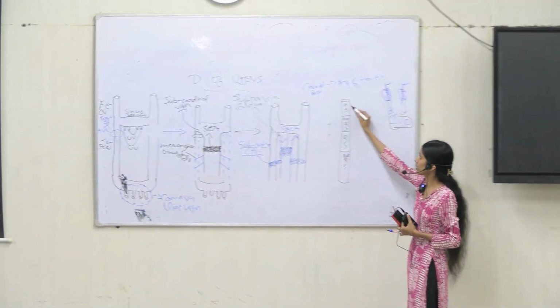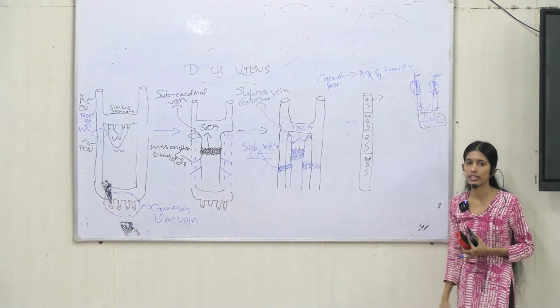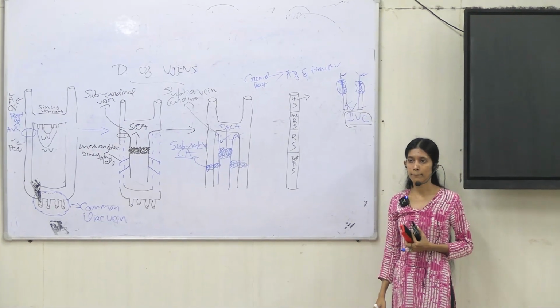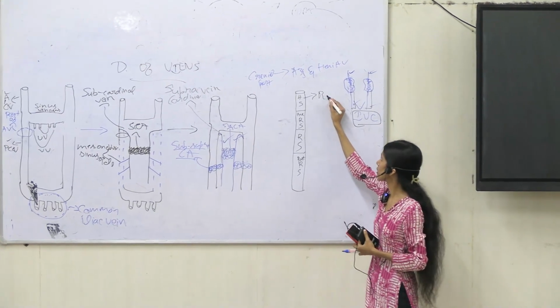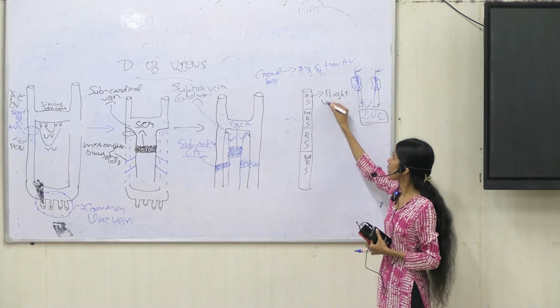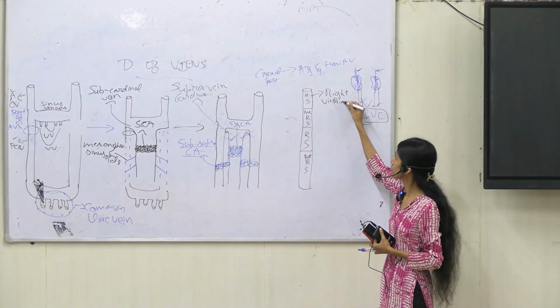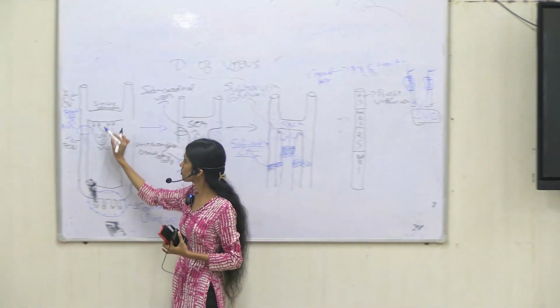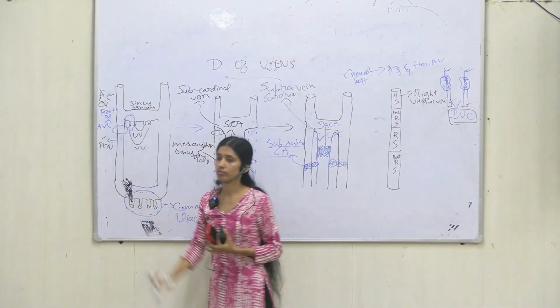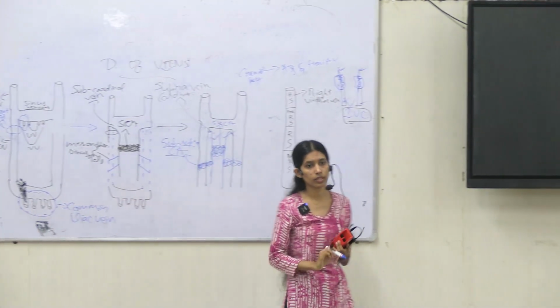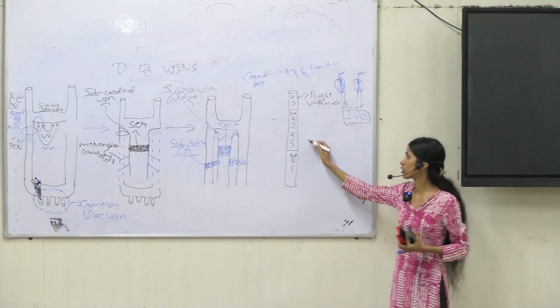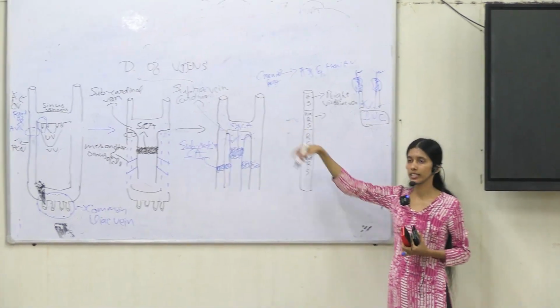And your hepatic segment is derived from which structure? It is derived from right vitelline vein. This part. And the pre-renal segment is derived from the subcardinal vein.